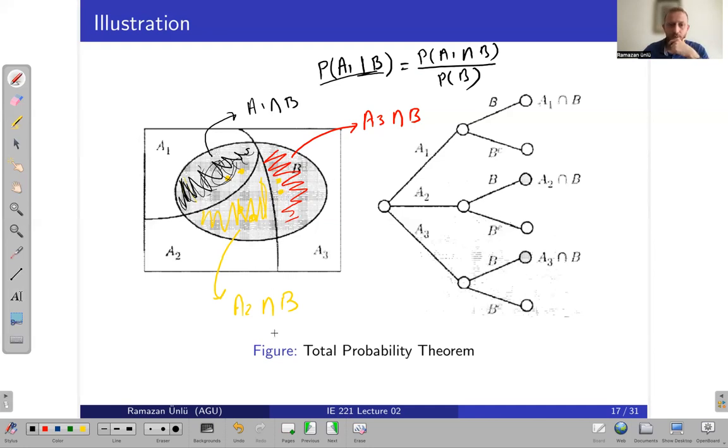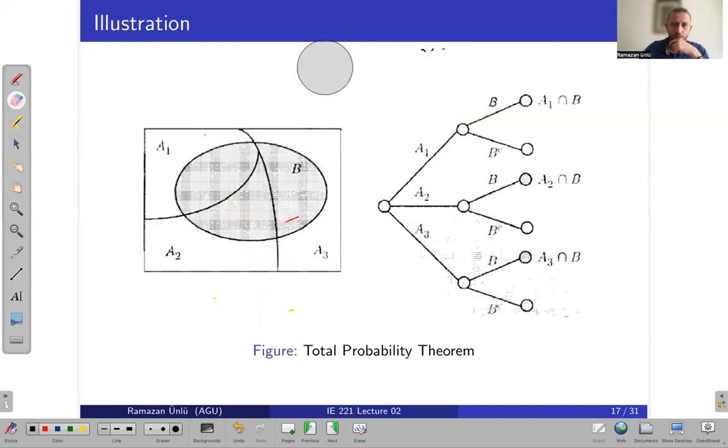So for this sample, let me clear my board. Okay, so here there are three events, right? A1, A2, and A3. There is nothing else possible because these are a partition of the sample space. This is my omega.